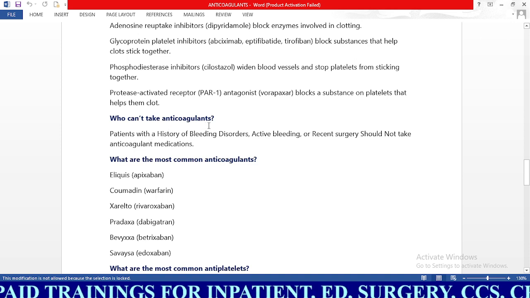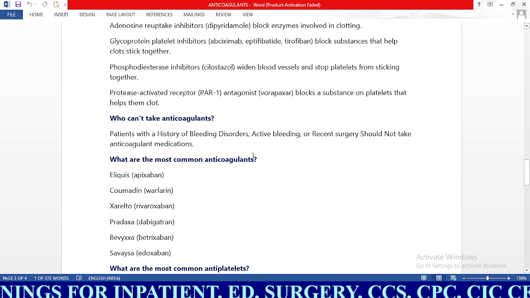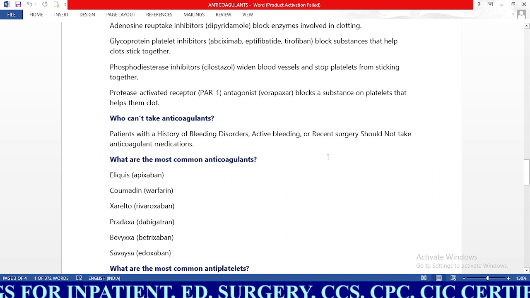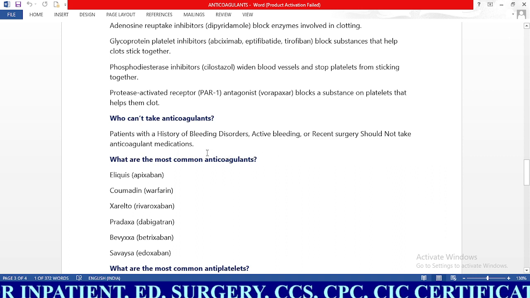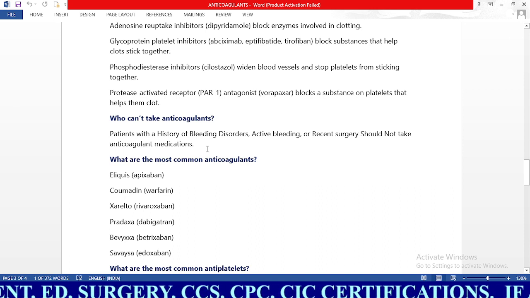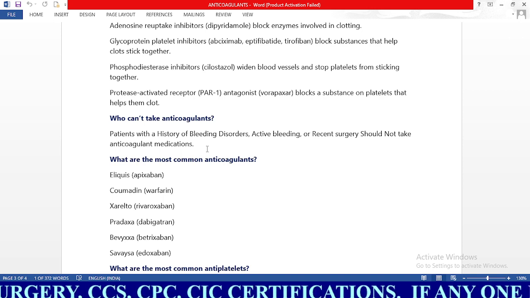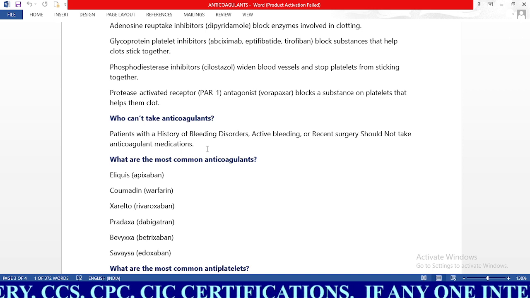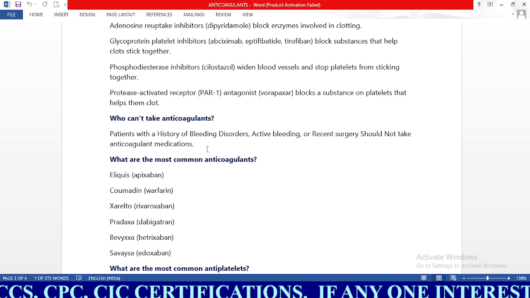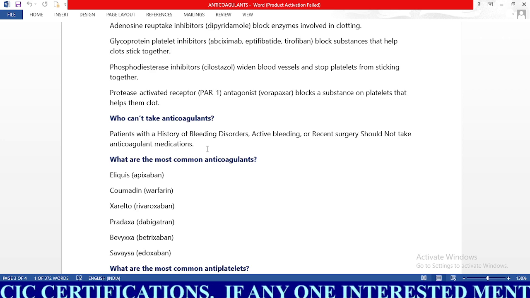Who can't take anticoagulants? Patients with a history of bleeding disorders, active bleeding, or recent surgery should not take anticoagulant or antiplatelet medications, as the main mode of anticoagulants is to prevent blood clotting. If the patient already has a bleeding disorder, we can't use anticoagulant drugs.